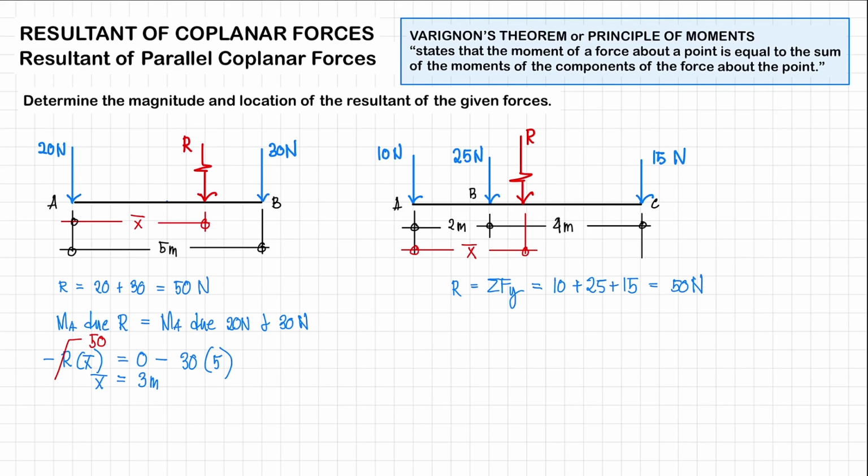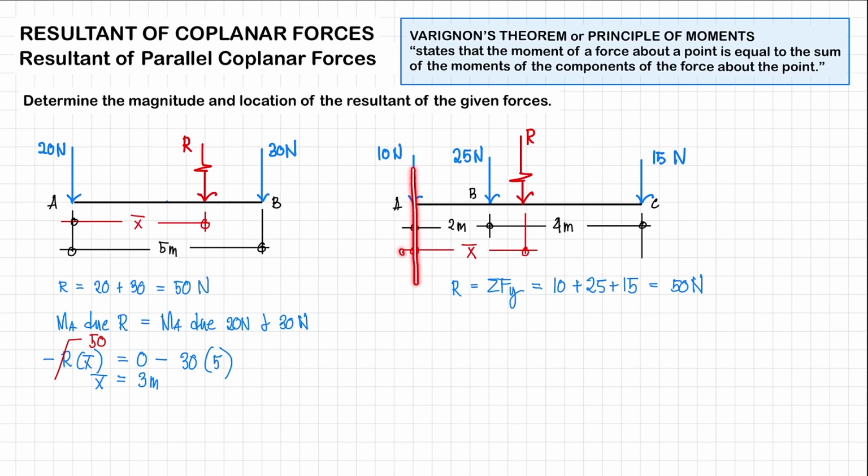All right. Next, solving for the location of the resultant. So again, we're going to use Varignon's theorem. It doesn't really matter if point A is going to be your reference. We could actually shift the reference point, to point B or to point C. In our case, let's use point A again.